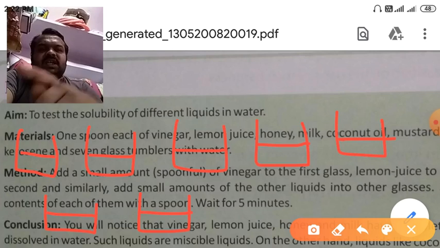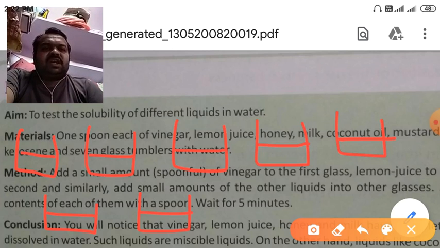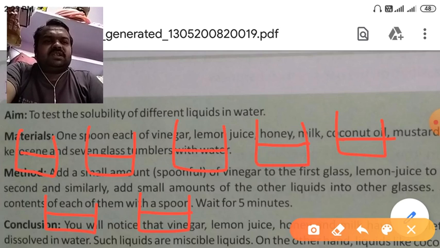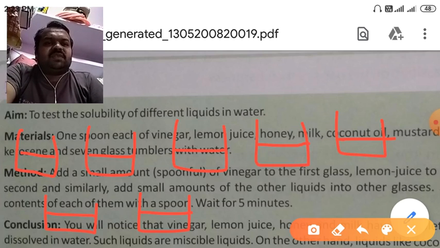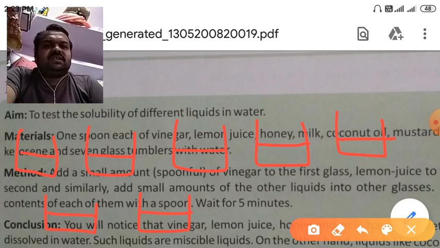In the first glass you will put the vinegar, in the second glass the lemon juice, in the third glass the honey, in the fourth glass the milk, in the fifth glass the coconut oil, in the sixth glass the mustard oil, and in the seventh glass the kerosene oil.